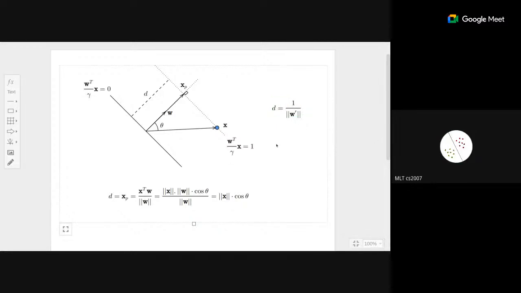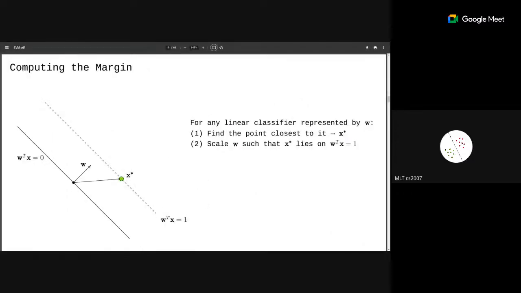Okay, so now here in this slide, we are doing all these operations in one go, and we are just saying that the distance of X star from this line is 1 by norm W. It's actually gamma by norm W, but you're scaling W by dividing it by gamma on both sides, and you should actually use a new variable name called W dash.